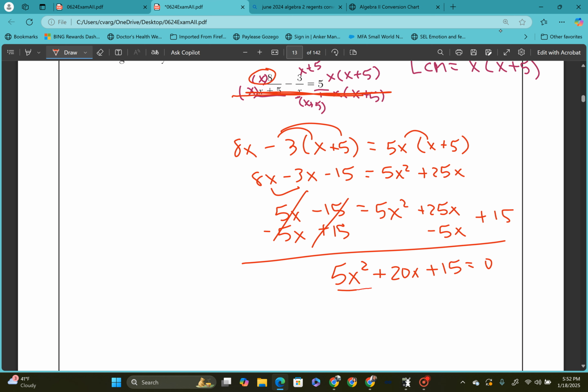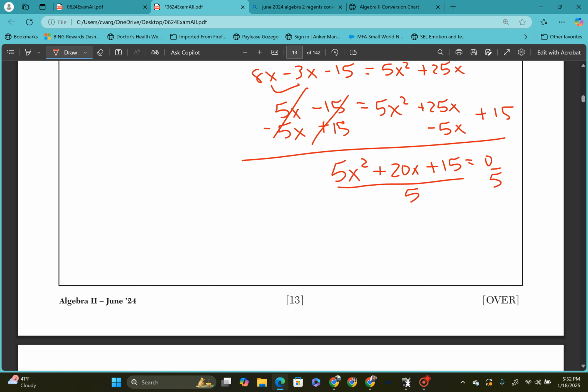I see that 5 goes into all of these, so I can divide everything by 5, so I don't have to do the AC method here. So I get x squared plus 4x plus 3 is equal to 0. Okay, not bad. So I get x plus 3 and x plus 1, right? Two numbers that add to be 4, multiply to be 3. Set them both equal to 0, and I get x equals -3 and -1.